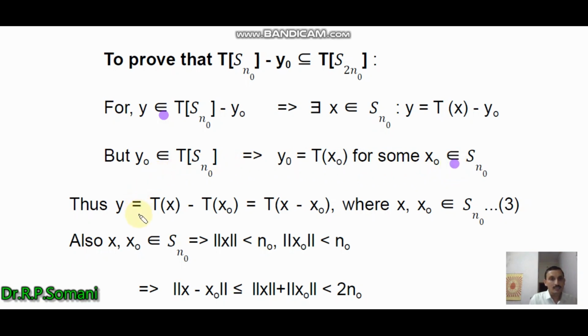Thus we obtain y = Tx - Tx0, and as T is linear, we can write this as T(x - x0), where x0 belongs to S_n0, and we denote this as equation 3. Also, x and x0 belong to S_n0, therefore the norm of x is less than n0 and the norm of x0 is less than n0. Therefore we have the norm of (x - x0) is less than or equal to the norm of x plus the norm of x0, which is less than 2n0.